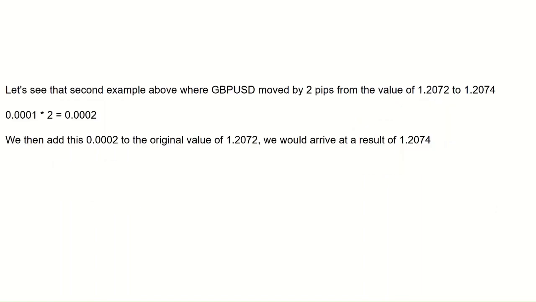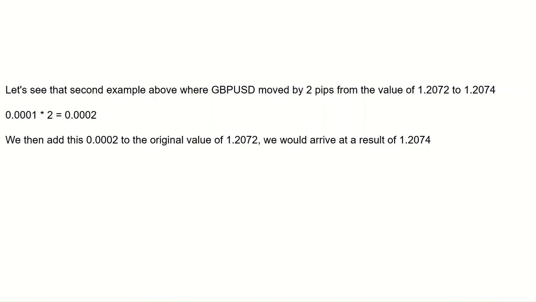Let me give you another example for clarity. GBP/USD again, 1.2072. That is the current market price. Now let's see the second example above. It makes a movement of 2 pips from the value of 1.2072 to 1.2074.